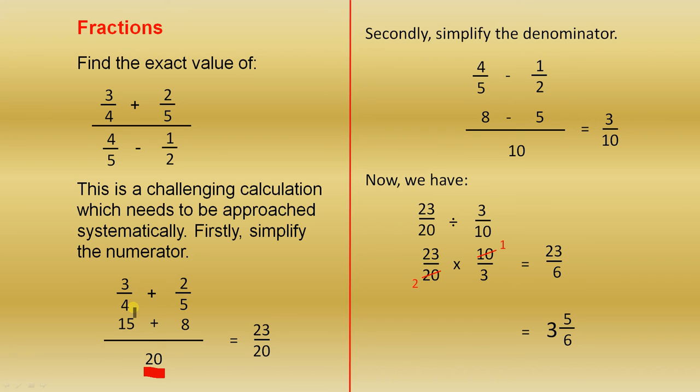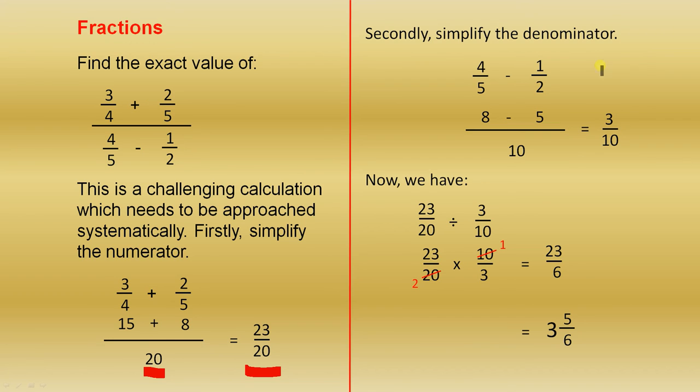That's the same as 3 over 4. 5 into 20 goes 4. 4 2s are 8. The 8 over 20 is the same as 2 over 5. So what we have now, that 3 on 4 plus 2 on 5 is really 23 over 20, because 15 plus 8 is 23, so that is the numerator simplified.